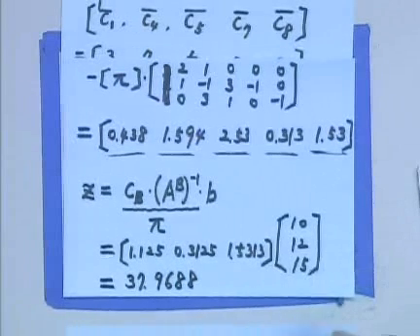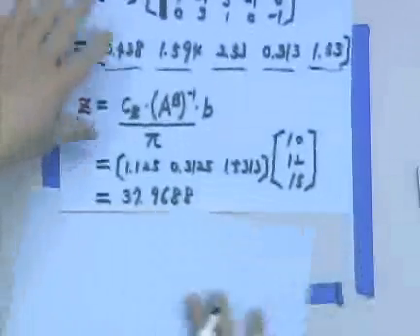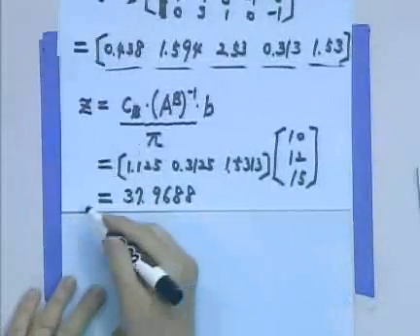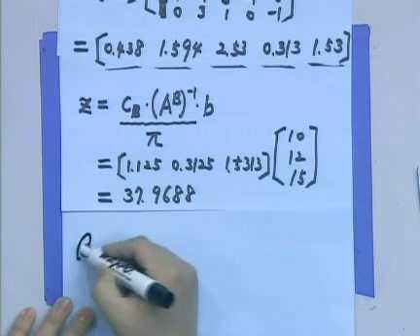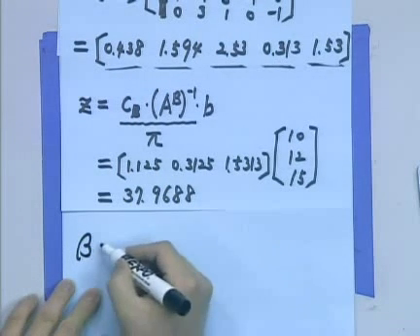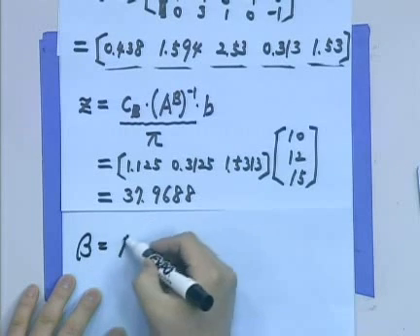What about the optimal solution? The optimal solution can be obtained by beta, right?